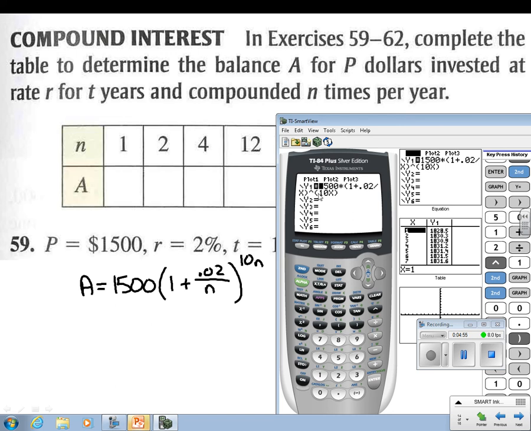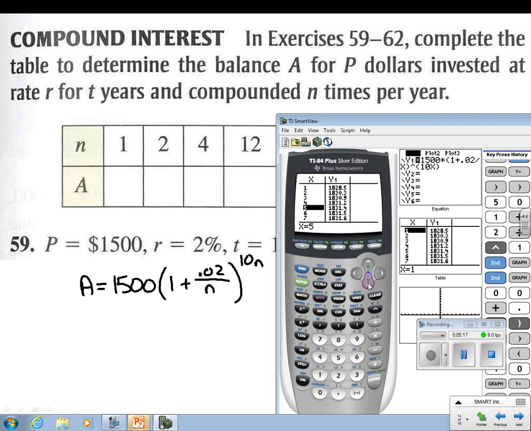So without the parentheses there, it's taking the whole thing, raising it to the 10th power, and then timesing by x. So we've got to put our entire exponent in parentheses. Go back to our table here, and so we have $1,828.50 for 1. For 2, $1,830.30. 4, $1,831. If we want to get to 12, we would have to go down here. At 12 years, $1,831.80.